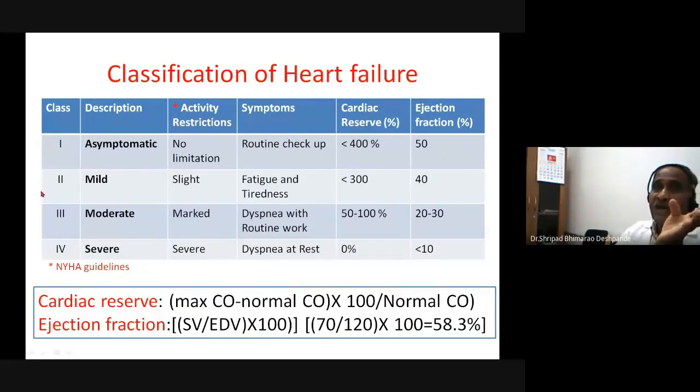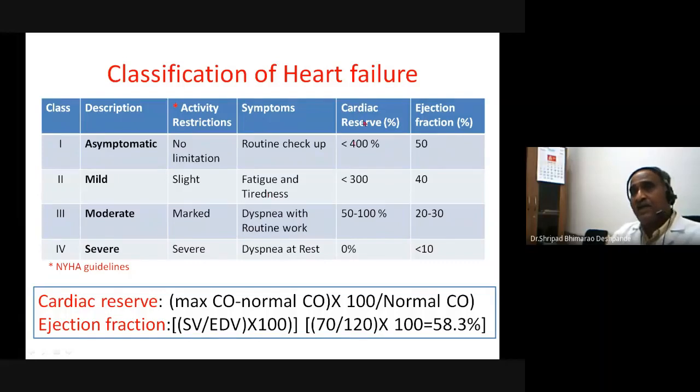Now, the mild heart failure, that is class 2. In mild heart failure, their activity is slightly restricted. Whenever they try to do an activity, they will have dyspnea or breathlessness, and they are easily fatigued and tired.